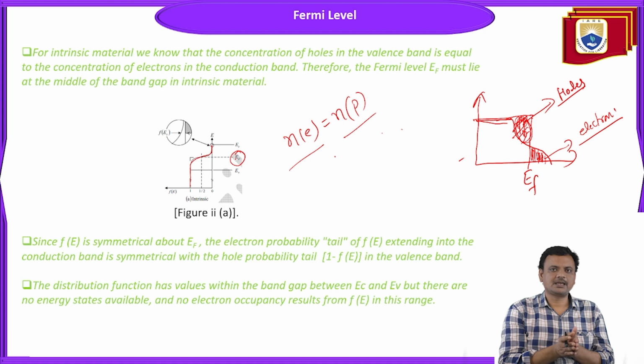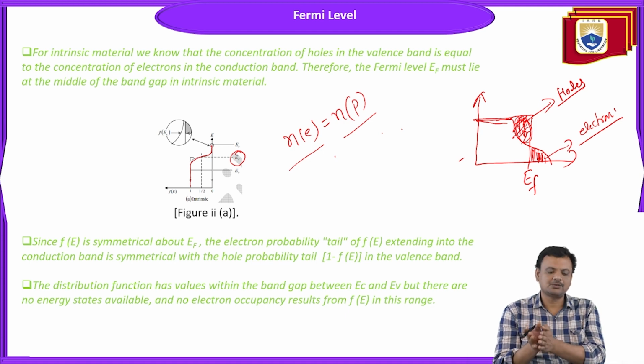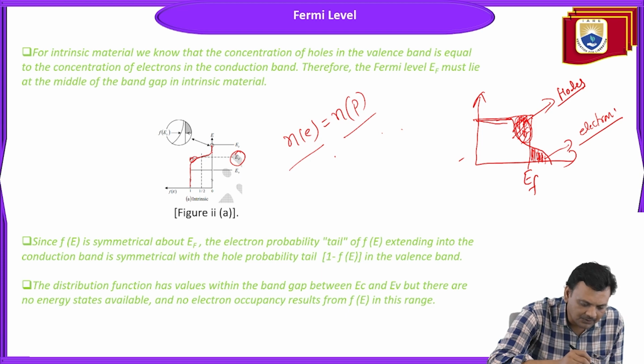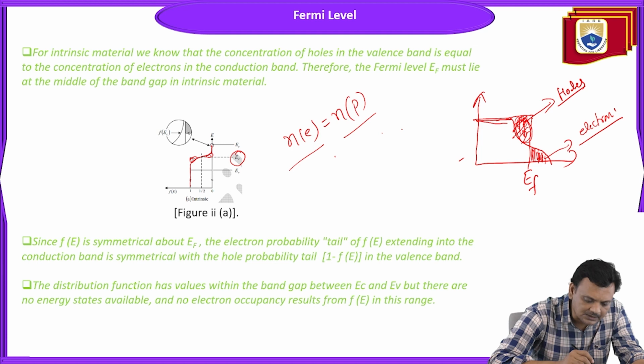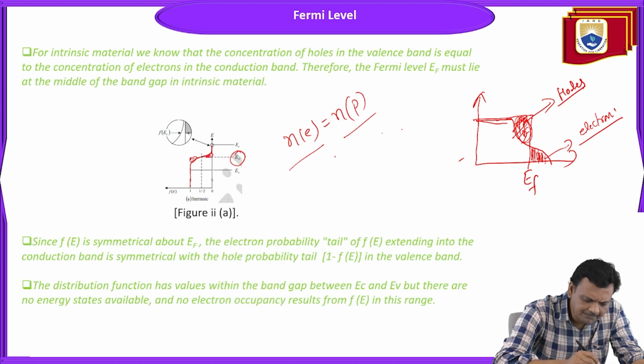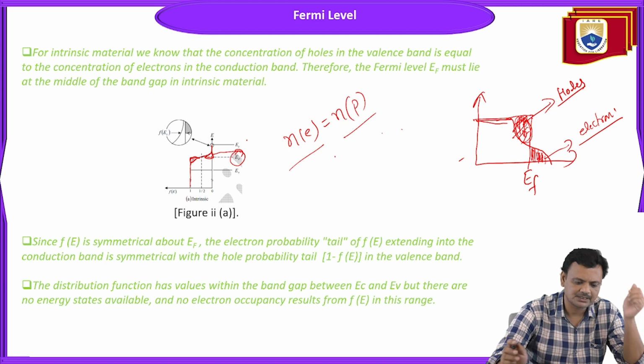So in the intrinsic case, if n_e is equal to n_p, this area will be the same as that area.